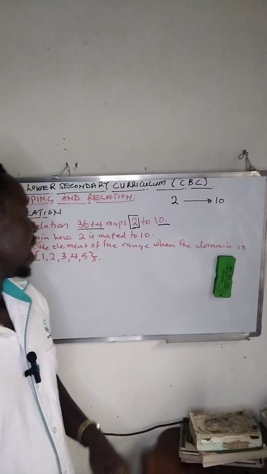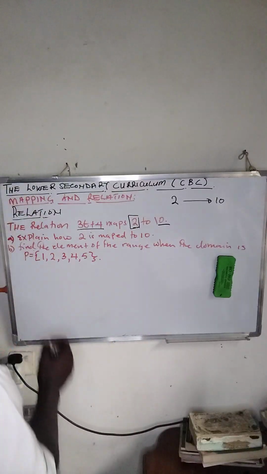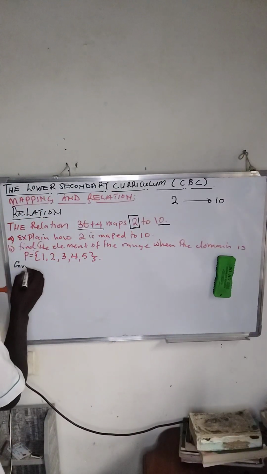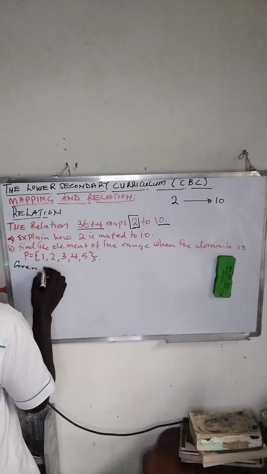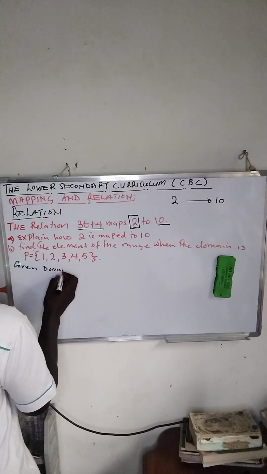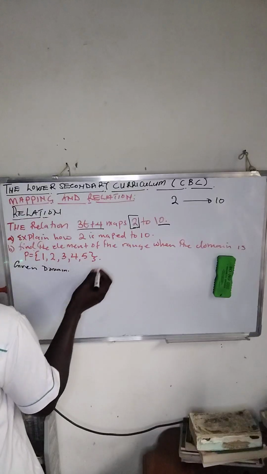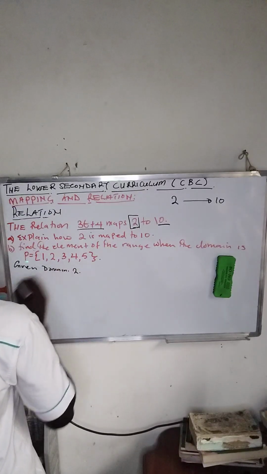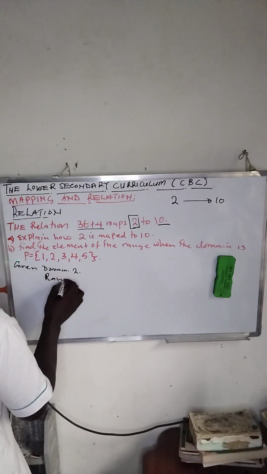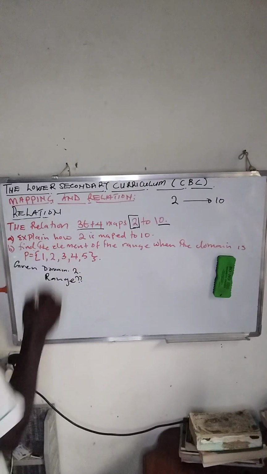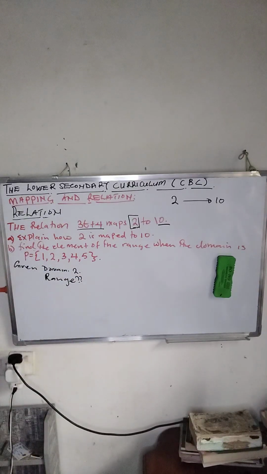Are we together? In our first arrangement, we say given. Remember, they have given us the domain, which is a 2. We need the range, and let us see how this one is obtained.